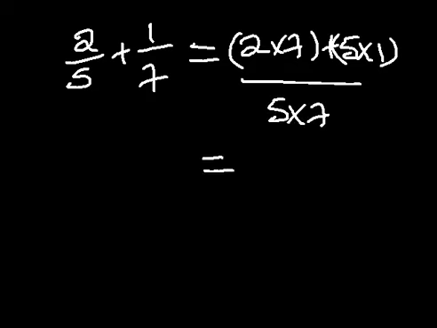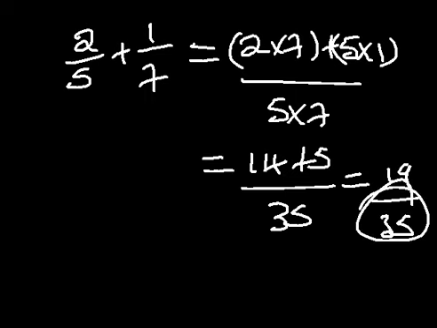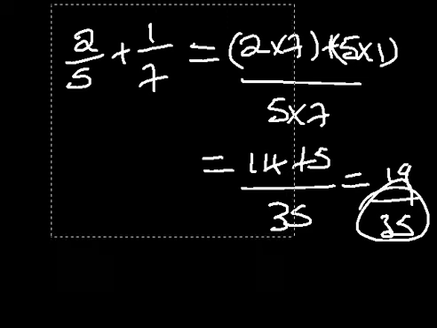This is the same as 14 plus 5, divided by 35. So in this case, we have 19 divided by 35.